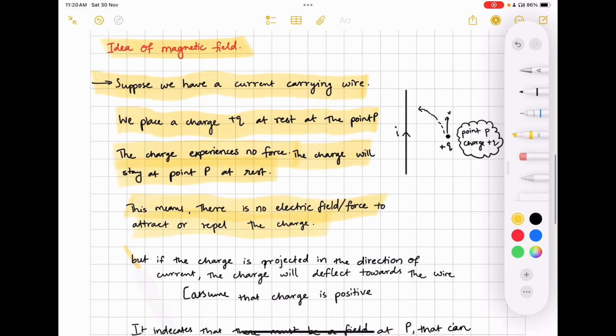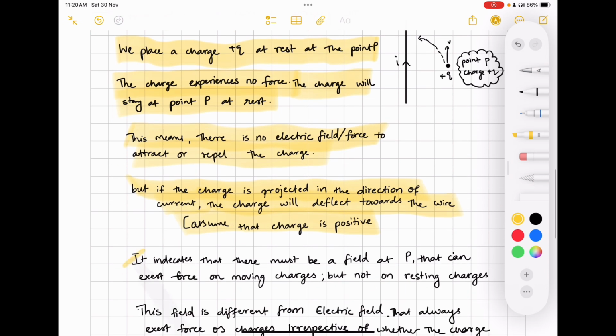But if the charge is projected in the direction of current, the charge will deflect towards the wire. Assume that the charge is positive. When the charge was at rest, there is no force, but when it is projected in the direction of current, it deflects towards the wire.